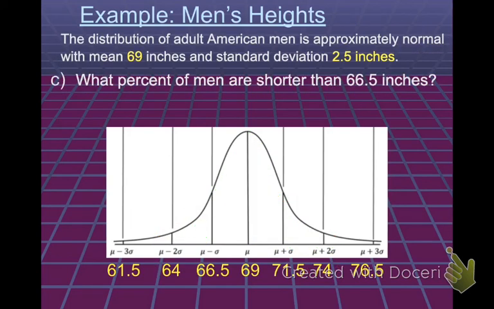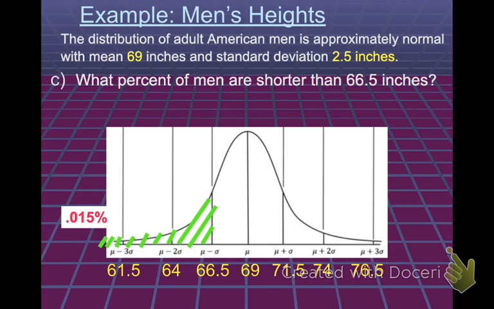What percent of men are shorter than 66.5 inches? So again, if you have your normal distribution drawn out, so that's the first thing I always do on these problems, is draw that distribution out and label. So I would find 66.5 inches. I would see how many percentages or standard deviations that I have to look at. So there's 3.